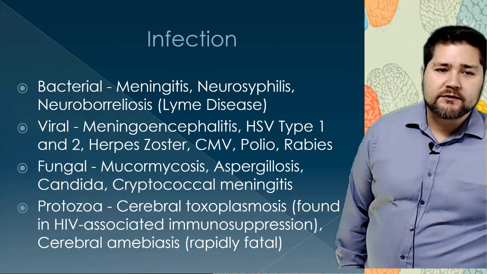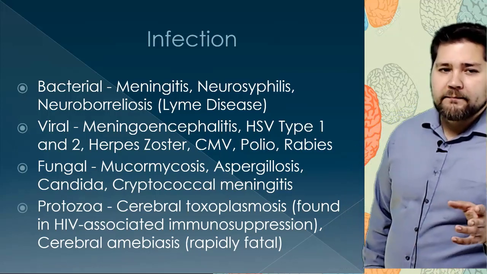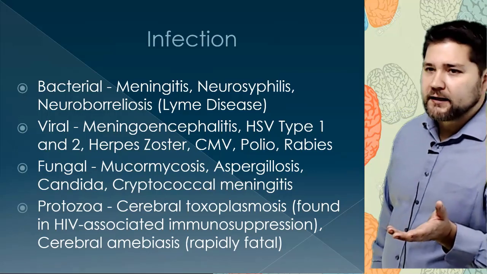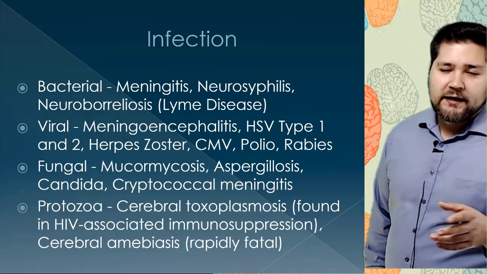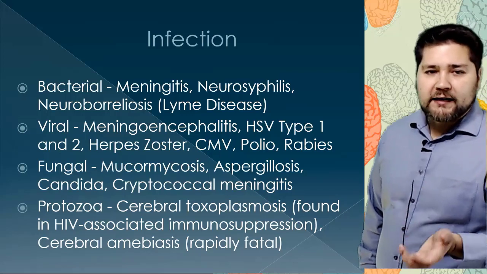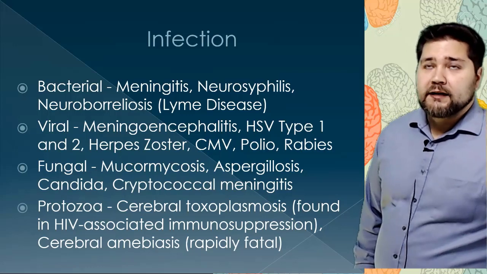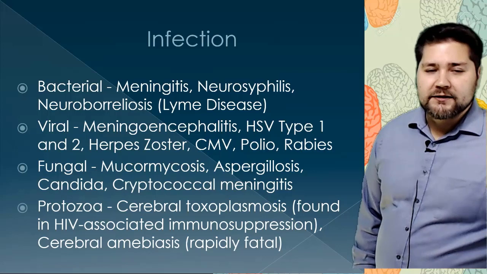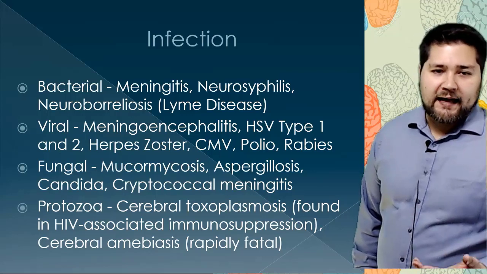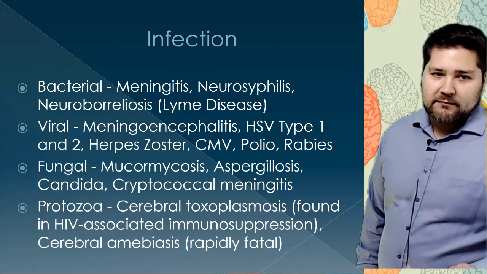And then things like cerebral toxoplasmosis, and even these cerebral amoebas that can be found. Protozoans are actually quite interesting, I think. What you can see with toxoplasmosis is a relatively common infection. Toxoplasma gondii is the infectious agent, and that tends to be housed in cat intestines, and that's why cat litter boxes tend to be a common source for these.